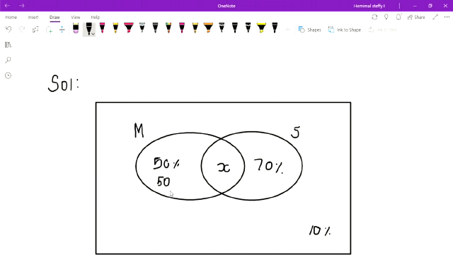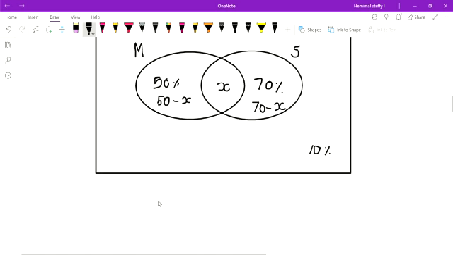So I subtract x from 50 to get only maths students, because x represents both subjects. Same thing, 70 minus x. Then you know the whole percentage means 100.